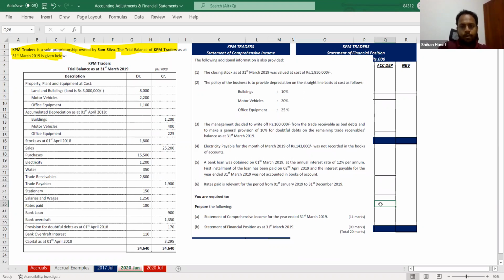It's very important to understand the basics, because most of the students I have seen struggle to prepare the financial statements for companies and partnerships because they don't have basic understanding of closing stock, depreciation, bad debt, doubtful debts. But if you have the basics, then companies and other areas would be easier.